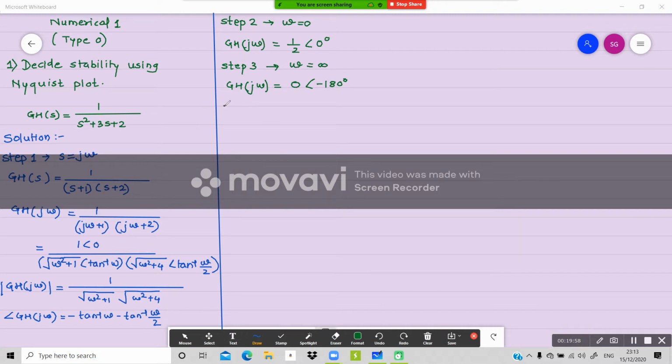Now step number 4. Now we are trying to separate the real and imaginary parts so that we can find the intersection with the axis.